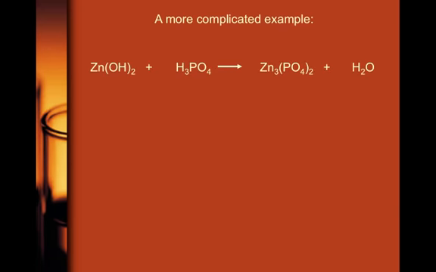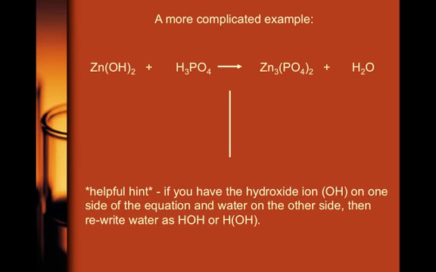So zinc hydroxide plus phosphoric acid produces zinc phosphate plus water. So let's divide it up. Let's do our counts. So zinc, actually let's do this little helpful hint first. If you have a hydroxide, which you do right here, there's your hydroxide.